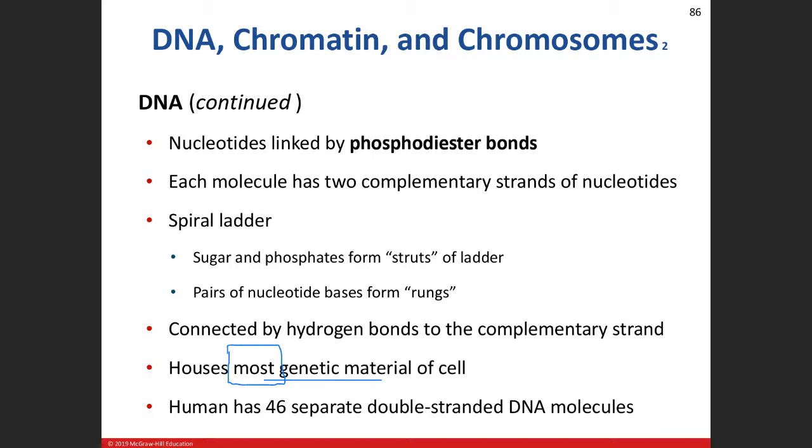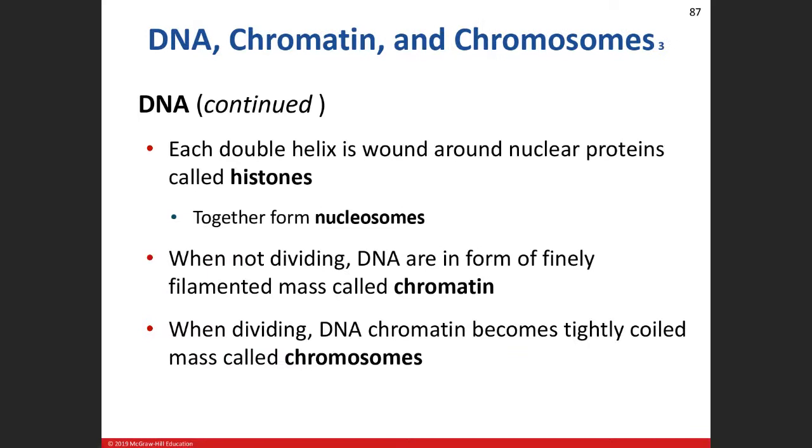So for us as humans, we have 46 double-stranded DNA molecules, and those DNA molecules are all present inside the nucleus. So what we'll do is take that double helix and wrap it around our proteins, the histones. When we've done that, we have what's called a nucleosome, and then we wrap that up tightly into our chromatin.